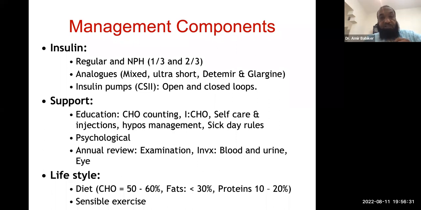Then analogs, so different analogs: mixed type of insulin like Novomix 30 or Humalog 25, ultra short like Novorapid and Humalog, and Detemir, also called Levemir, and Glargine, and these are the long-acting insulins. The insulin analogs are synthetic insulins, while the regular and NPH are also synthetic, but some of them can be animal insulins.